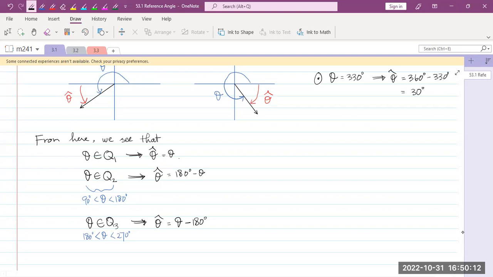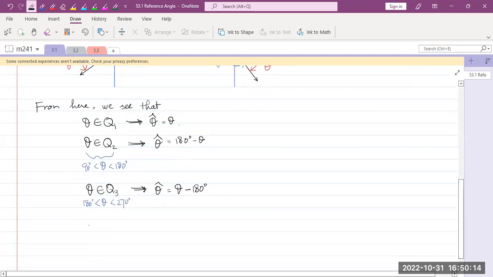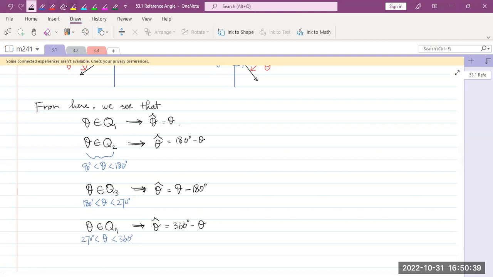Now finally, if angle theta is in quadrant 4, which means theta is between 270 degrees and 360 degrees, then the reference angle must be the angle that adds up to 360 degrees. Okay, memorize this.